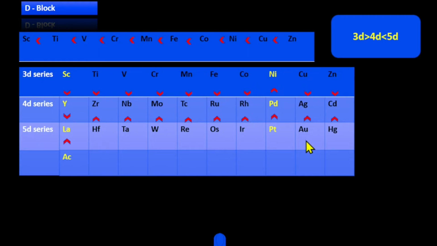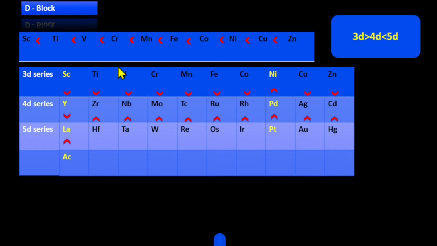Copper, silver, gold, zinc, cadmium, mercury, the same trend is there. But what you have to keep in mind is nickel, palladium, platinum have just the opposite. Means nickel, palladium, platinum have highest ionization energy, continuously decreasing. And scandium, yttrium, lanthanum decreasing, then actinium increasing.